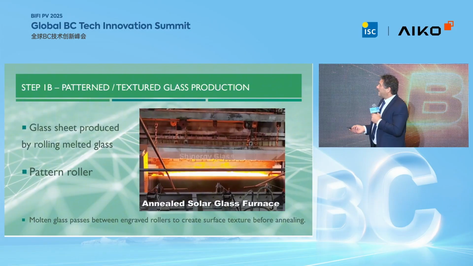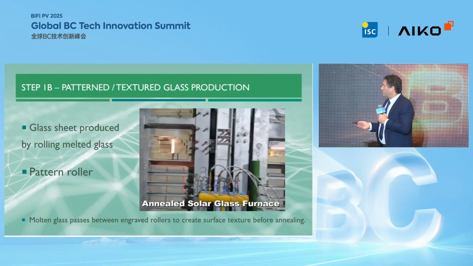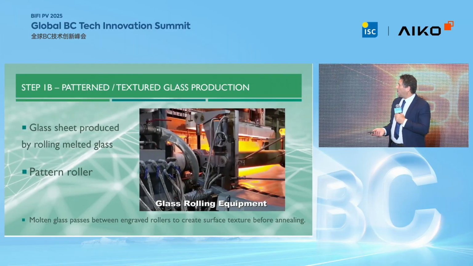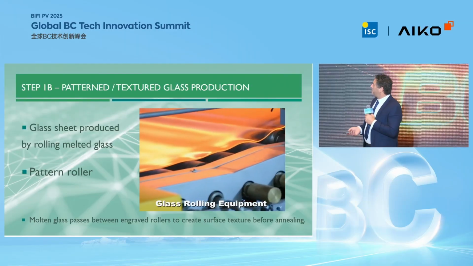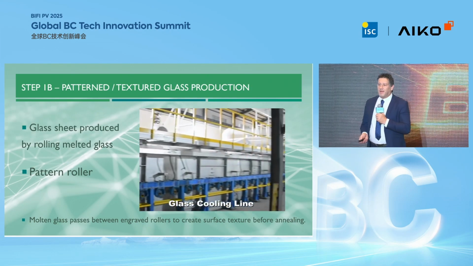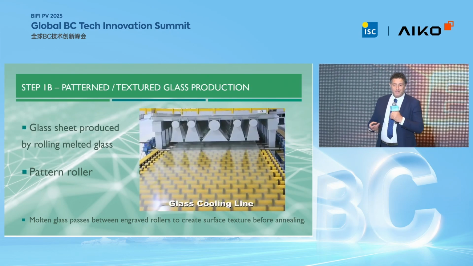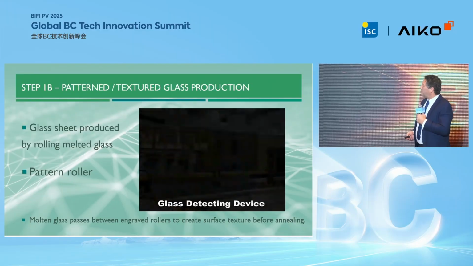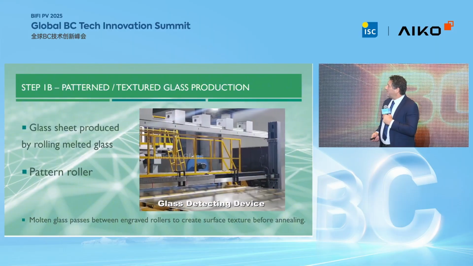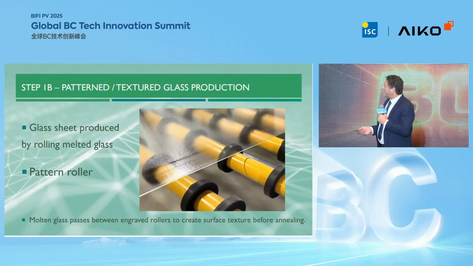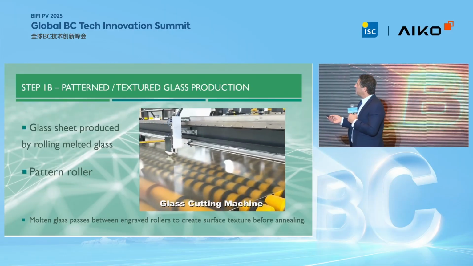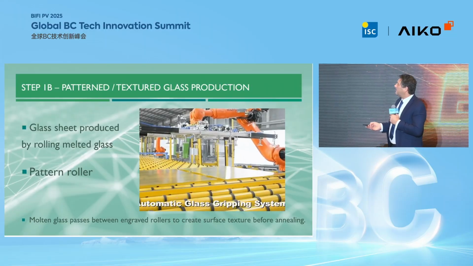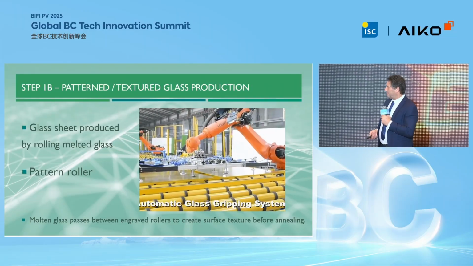The second process: you see we are really using rolls, between which we put the melted glass, like a pasta, producing melted glass between two rolls to have at the end the pattern glass. The big advantage of this process is that we have the possibility to have a pattern on the glass itself.